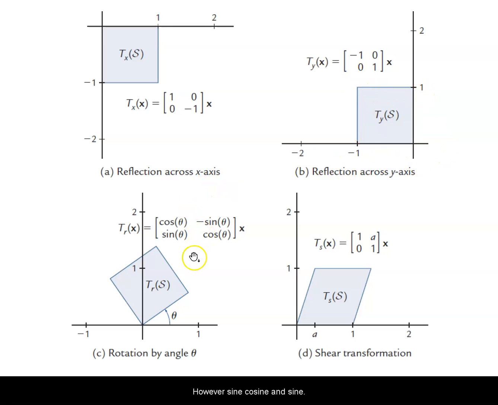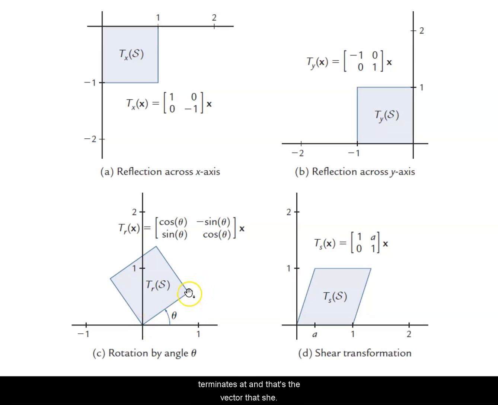Okay. However, sine and cosine is a little bit different. Right? So my x changes by cosine of some angle, right? And then the up and down portion that goes with that changes as well, right? So remember, cosine is the x, sine is the y. So what was 1, 0 is now cosine of your angle, sine of your angle, right?